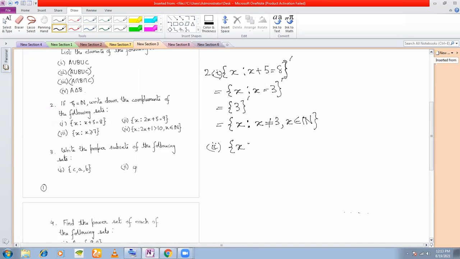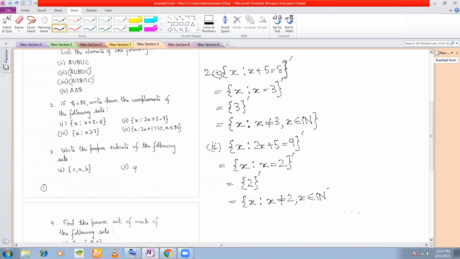Next, x such that 2x plus 5 is equal to 9. You have to find the complement of this set. So how do you find it? Exactly the same manner. Solve this equation. You get x is equal to 2. That means this is the singleton set {2}. And what is the complement of {2}? {x such that x not equal to 2, x belongs to N}.